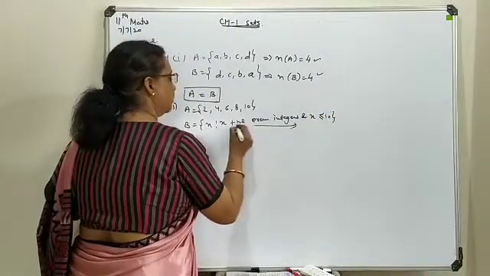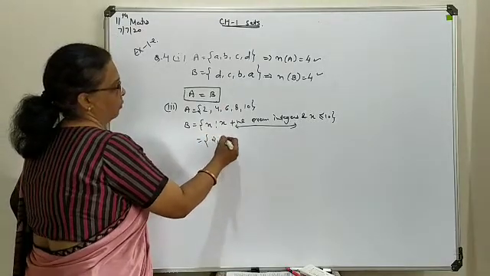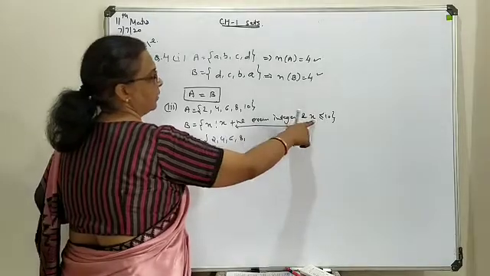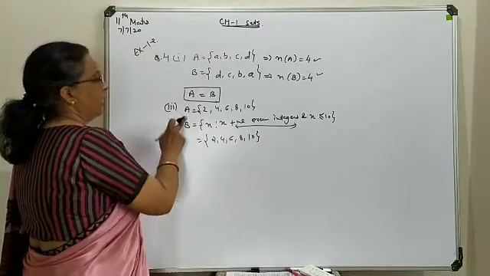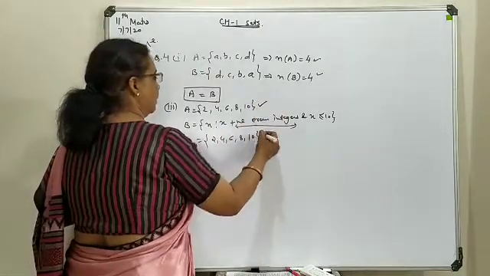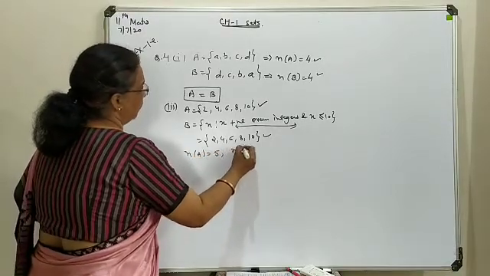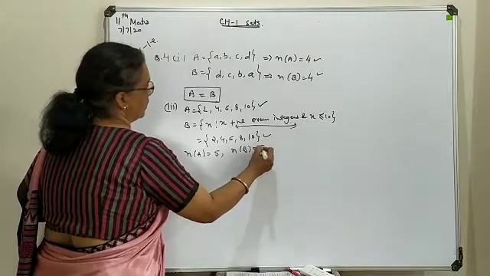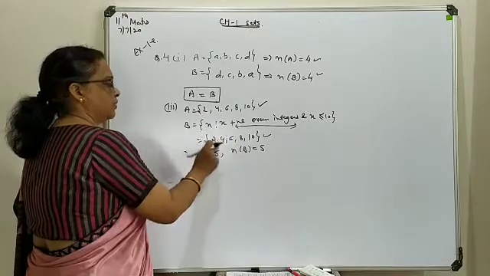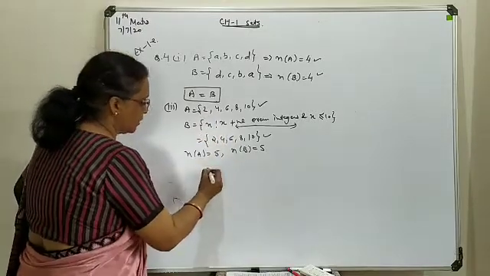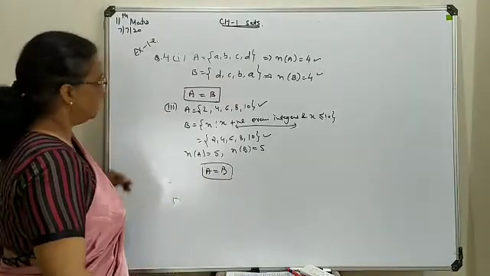Here, talking about a positive even integer means it will contain 2, 4, 6, 8. What is the limitation? It should be less than or equal to 10. So the last element 10 you can include. If you look at these two sets, the number of elements in set A is 5, the number of elements in set B is again 5, meaning the basic criteria is fulfilled. If you look at the elements, the same elements you are getting in both the sets. So you can say A and B are the same. So this way you have to identify.